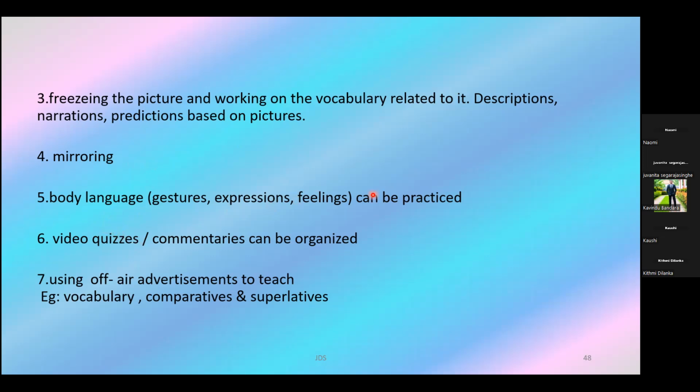Body language, suprasegmental and segmental elements can be practiced. Commentaries: with advanced learners, you can make them do commentaries based on video clips, or quizzes based on video clips, looking at the video and answering questions.